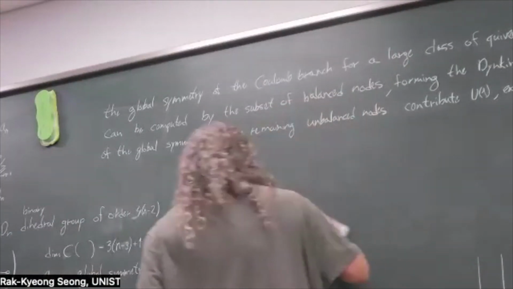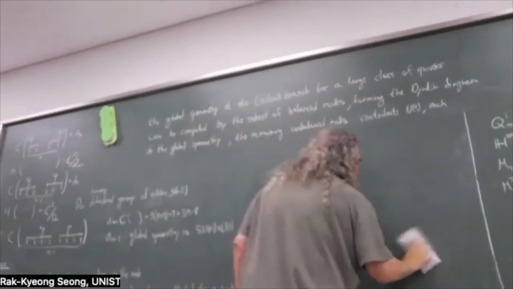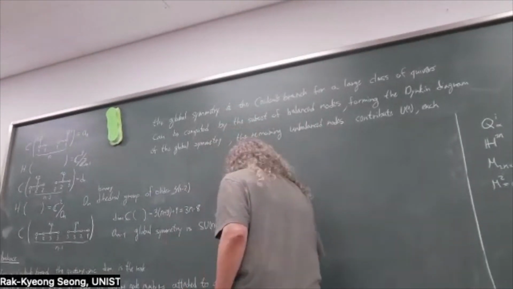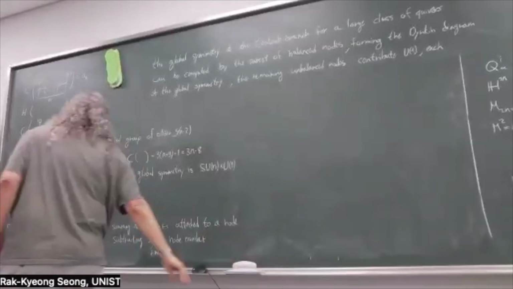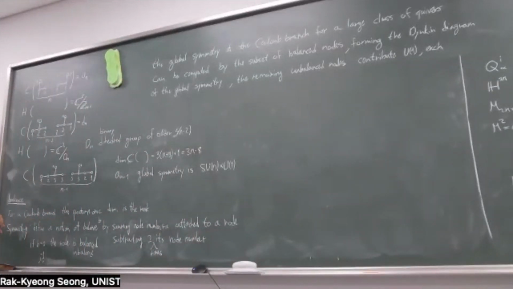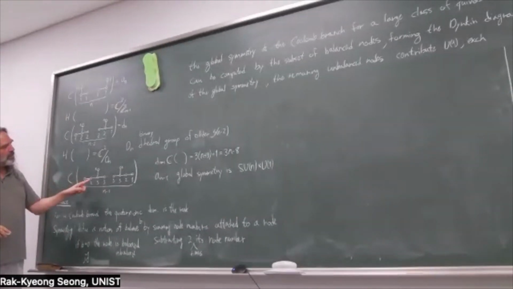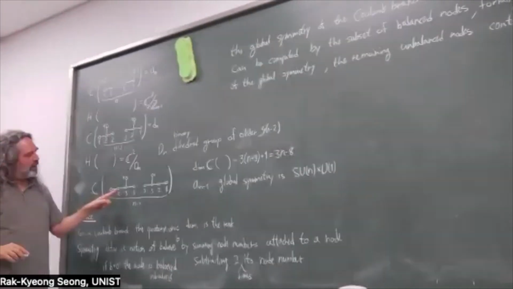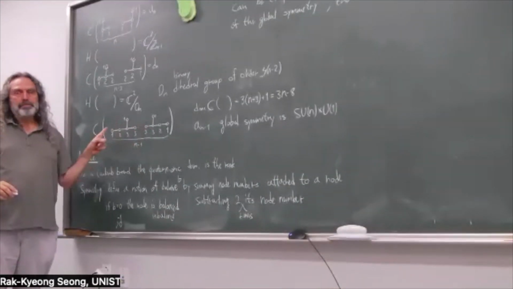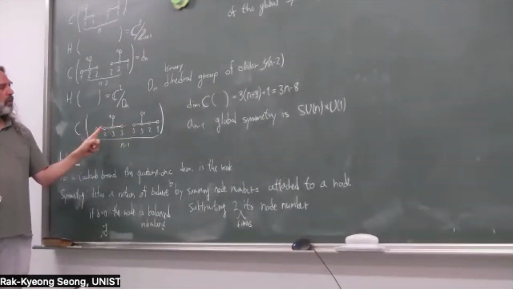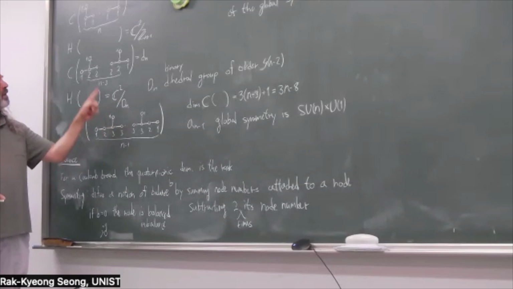Let's continue to compare. Now I will use a quiver subtraction. So if I look at this quiver, I notice that there is a subdiagram of this quiver, which is of D type.